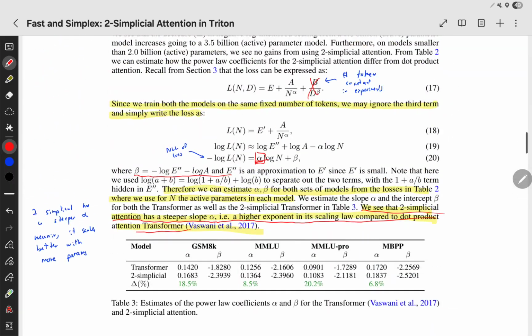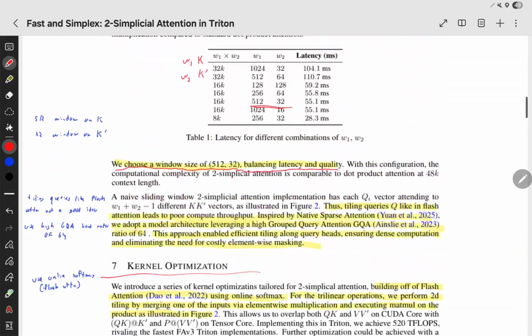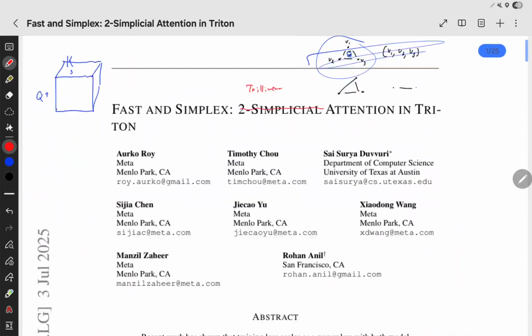But yeah, basically that's 2-simplicial attention, which is not really using simplices, but I do think it's a cool idea. In the end, I think this will be more useful, maybe not for self-attention. I don't know if this is worth using for self-attention. We'll see as more people experiment with it. But it definitely is useful for 3-dimensional modalities.